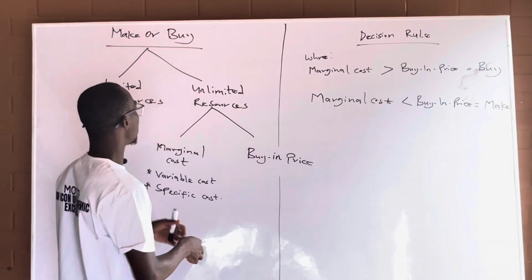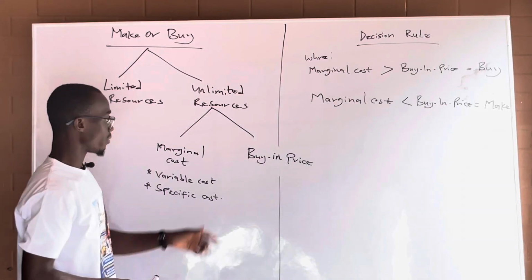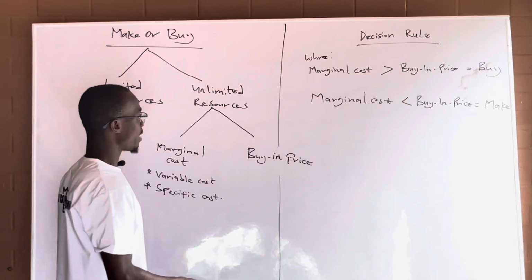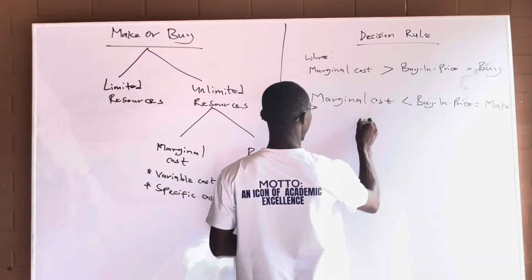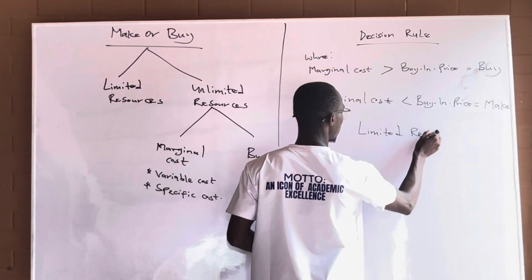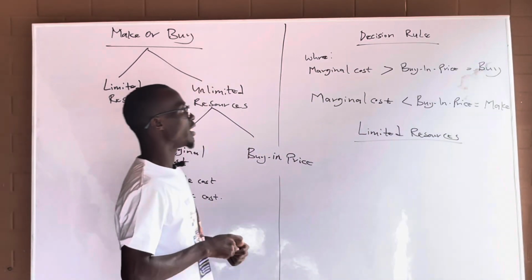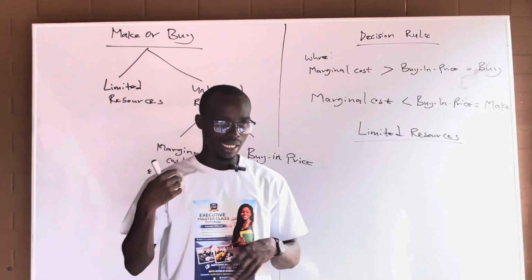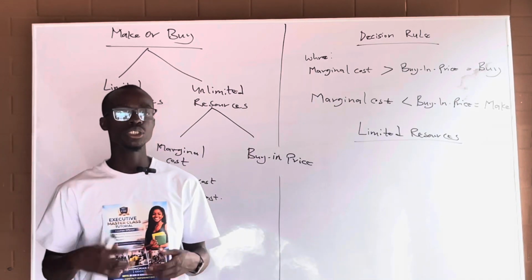But one issue is that the scenario I'm giving you is when the organization has unlimited resources, so they can make decisions freely. But in the case where the organization has limited resources, assuming an organization produces Sobolo and ice kinky, these need sugar.